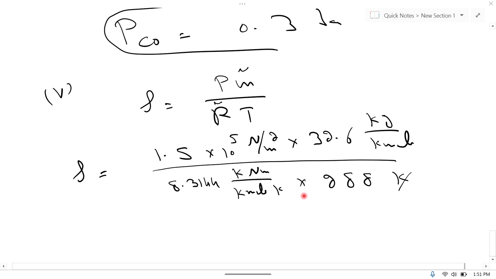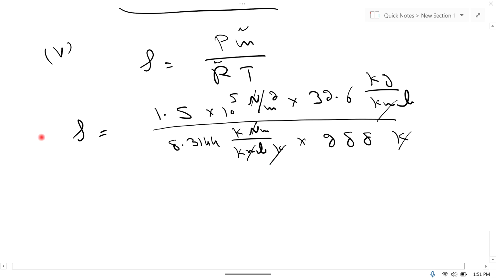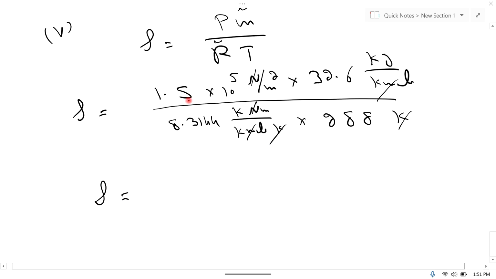Now Kelvin will cancel with Kelvin, kilomole with kilomole, and Newton with Newton. So rho will be equal to, first multiplying these two and dividing by these two values, 2042 kilogram per kilo cubic meter.